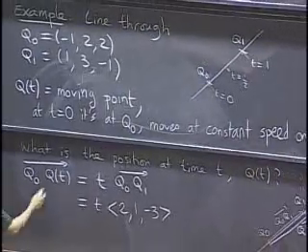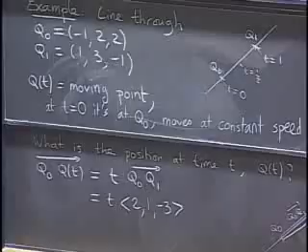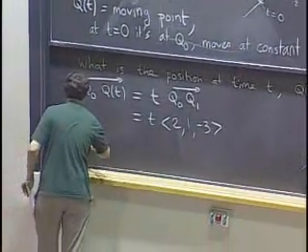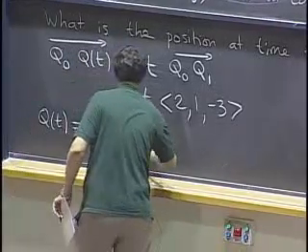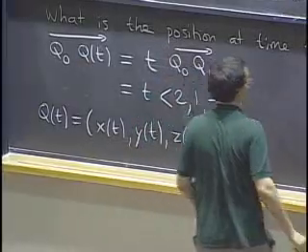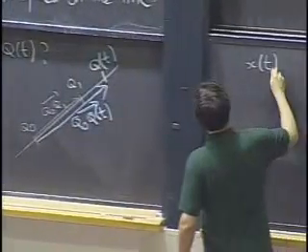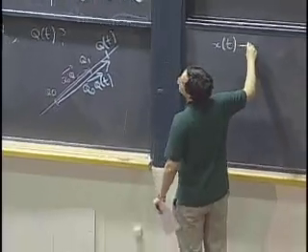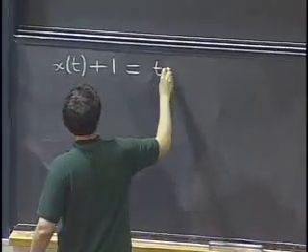So let's call x of t, y of t, and z of t the coordinates of the point that's moving on the line. Then we get x of t minus, well, actually plus 1 equals t times 2.